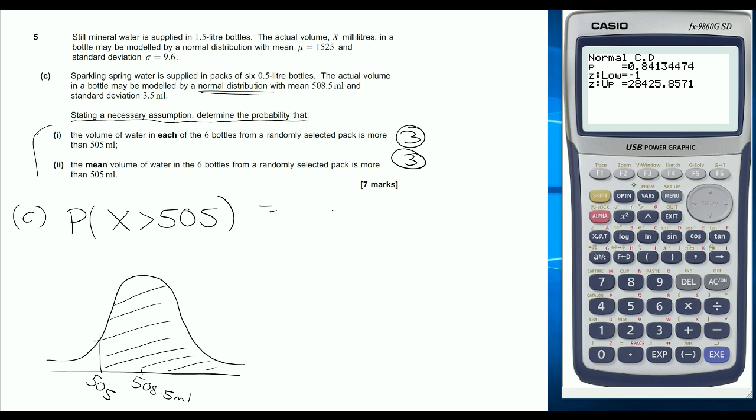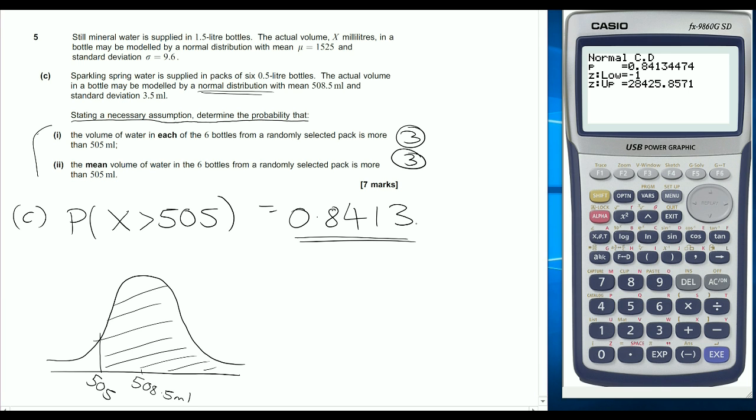So the probability that one of the 6 bottles is greater than 505 is 0.8413. Okay, so that's the probability that one bottle is greater than 505 millilitres.